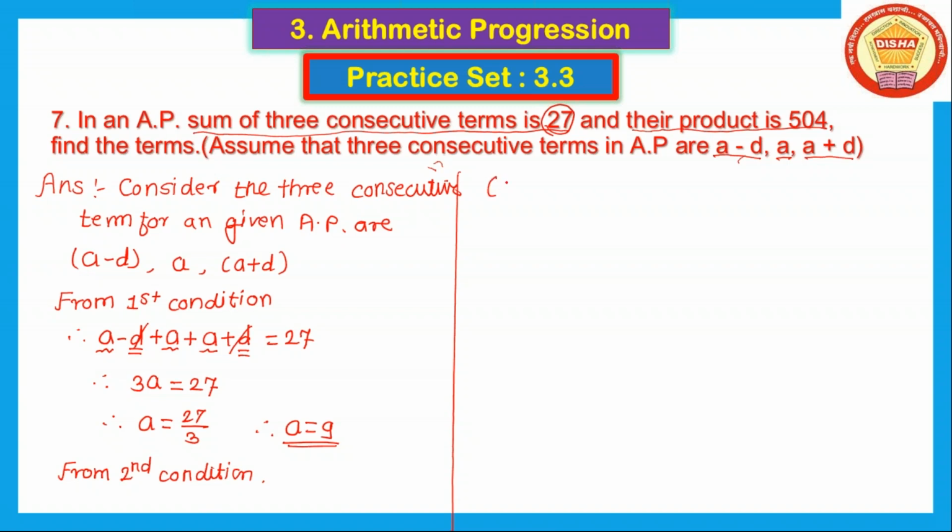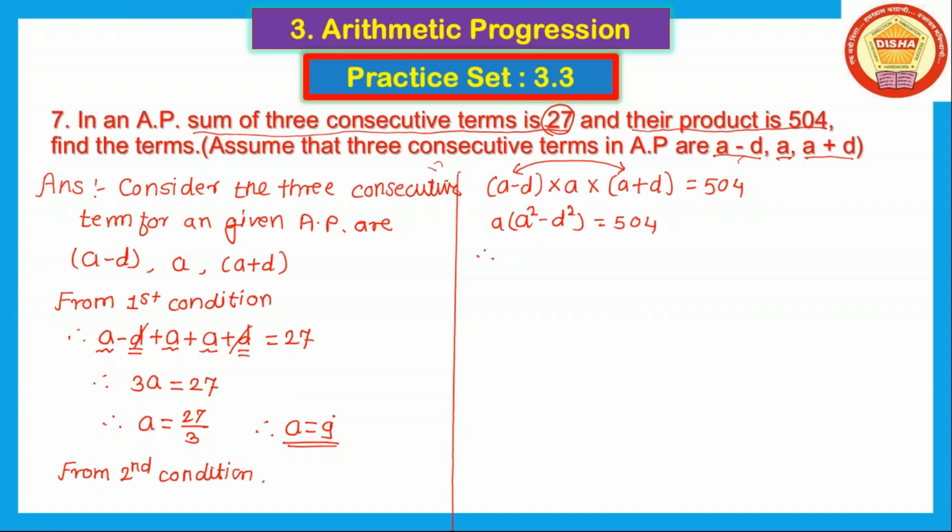Product means we take the first term A minus D into the second term A and into the third term A plus D, and that product is 504. Then we see A minus D into A plus D is the expansion of A square minus D square. Into A we write as it is, equal to 504.